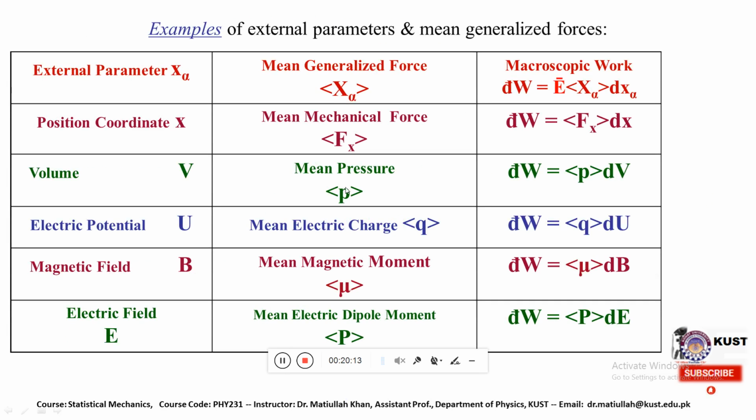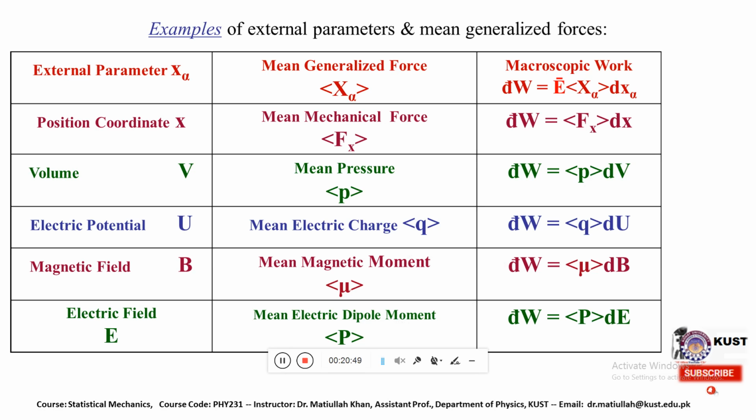Here we have some examples of external parameters when they are changed, and examples of generalized force. We have external parameters x alpha, that is position coordinate, volume, electric potential, magnetic field, and similarly electric field. We have generalized forces, which might be mean mechanical force, mean pressure, mean electric charge, mean magnetic moment, and mean electric dipole moment, and these lead to the macroscopic work done.